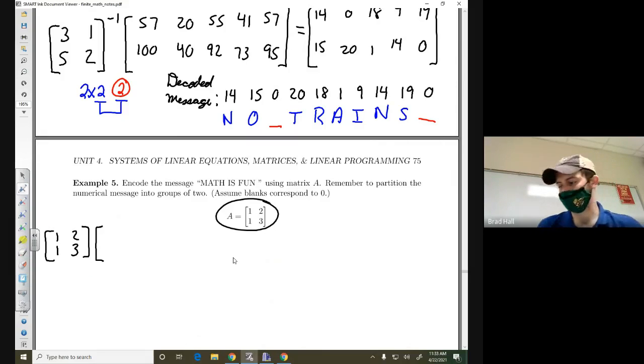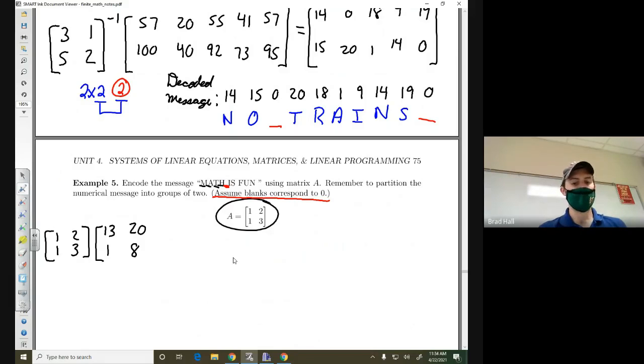So thinking about the phrase math is fun, the M in math is 13, the A in math is 1, then T is 20. So I'm going character by character here. The H is 8, but we can't forget about spaces because there's a different word now. And it says assume blanks correspond to 0.